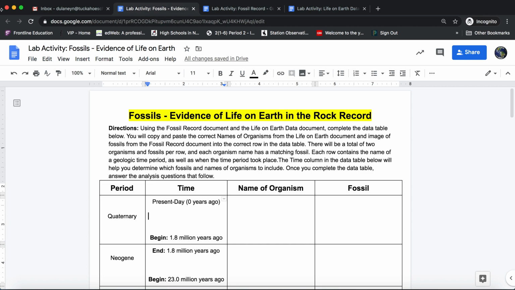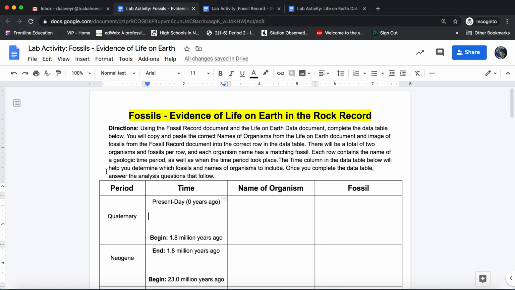Each row contains the name of a geologic time period, as well as when the time period took place. The time column in the data table below will help you determine which fossils and names of organisms to include. Once you complete the data table, answer the analysis questions that follow.